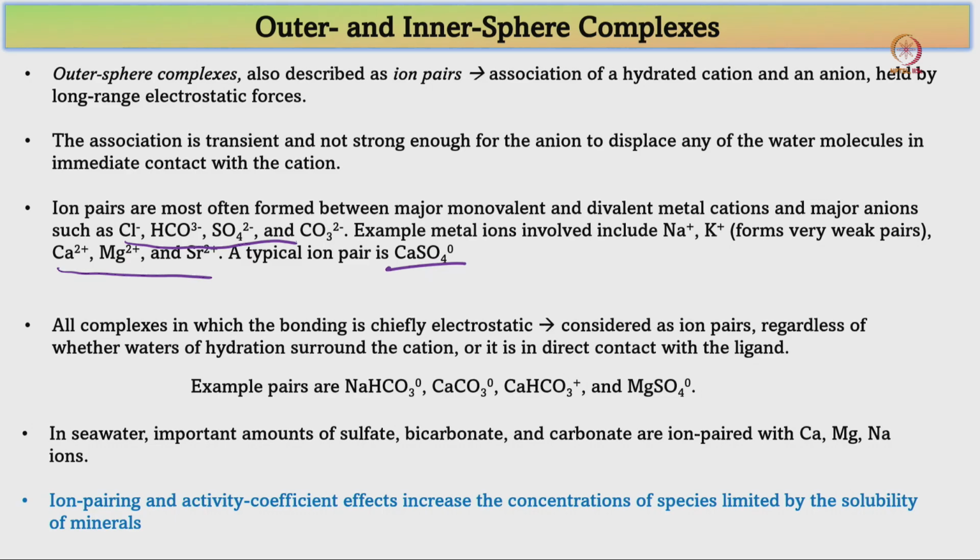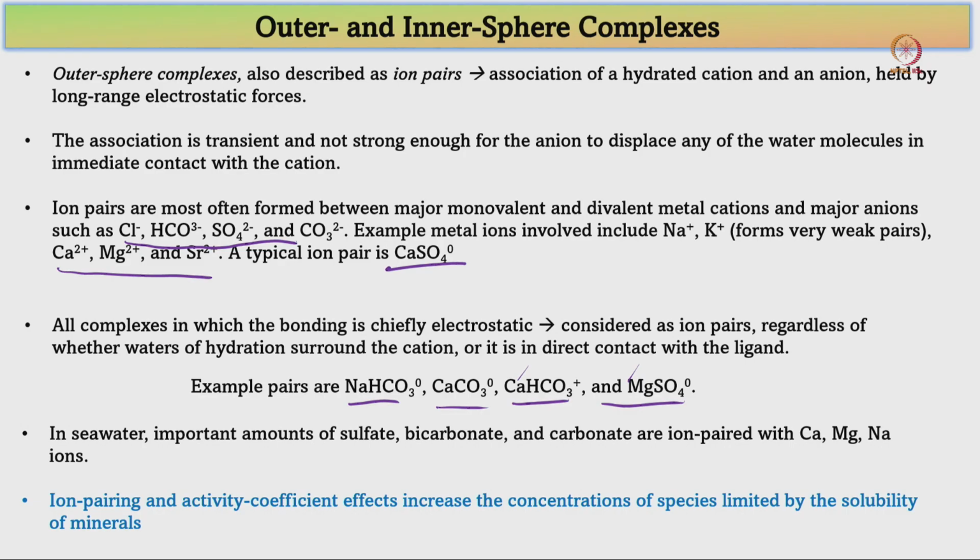So, for example, they are all neutral molecules, okay. They are just paired, and their strength is not very strong, they are not very strongly bound to each other, and this is the way it just exists in the water freely, okay.